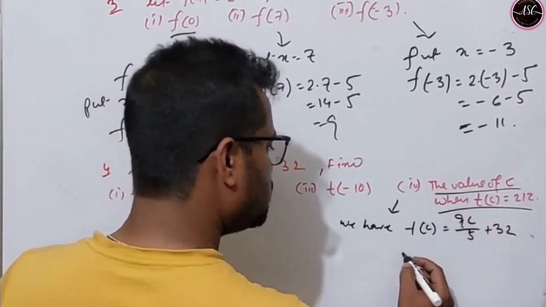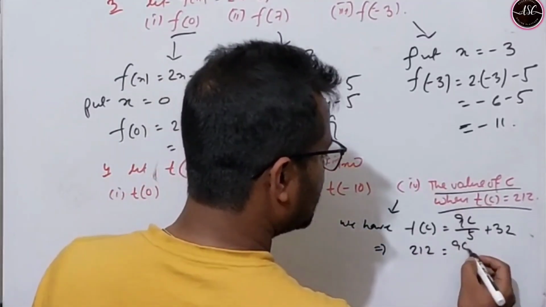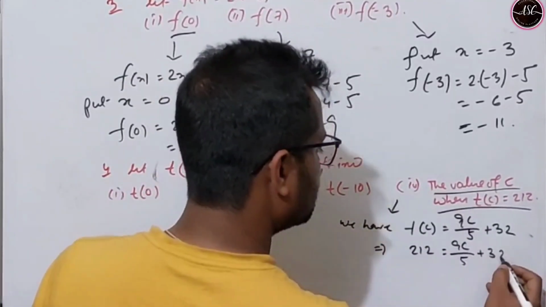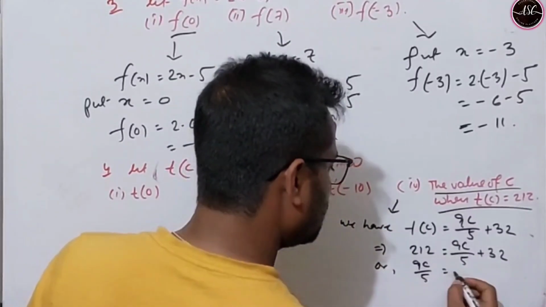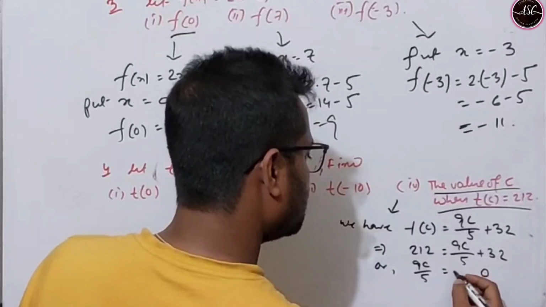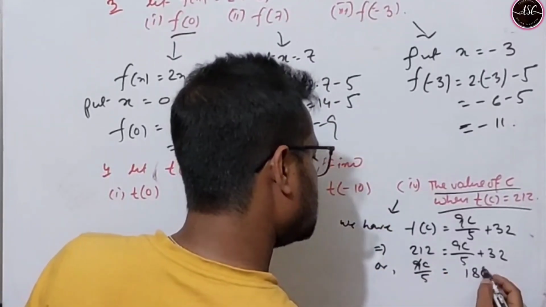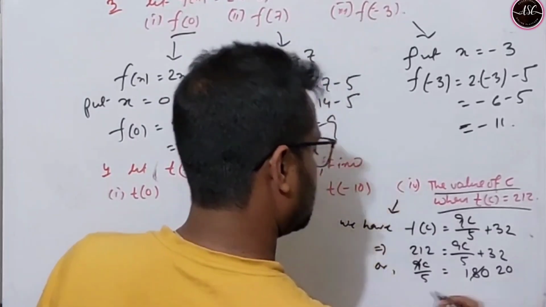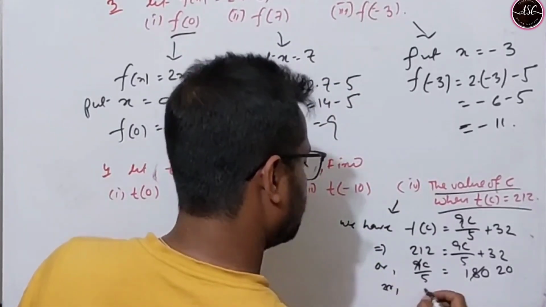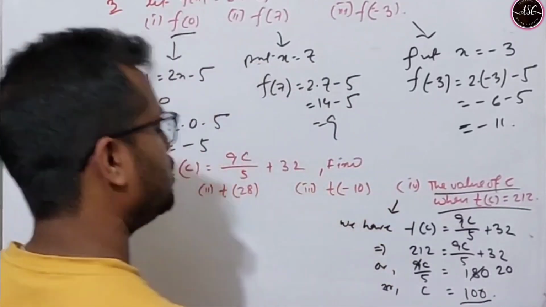Now putting the value, 212 equal to 9C by 5 plus 32, or 9C by 5 equal to 212 minus 32, that means 180. So by dividing that we get 20, that means C equal to 100. Okay, this will be the answer.